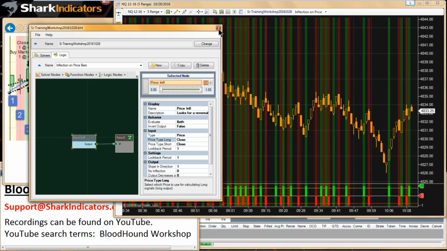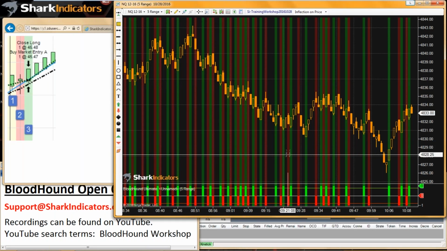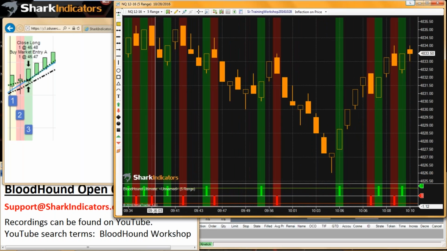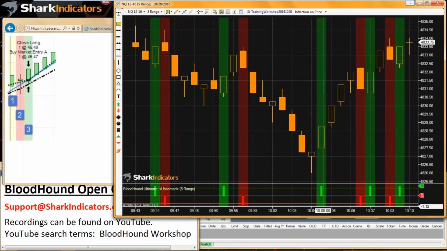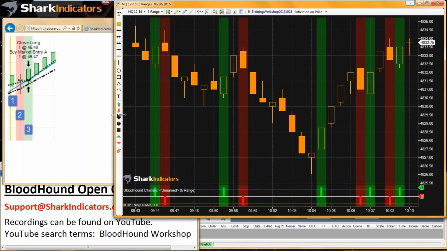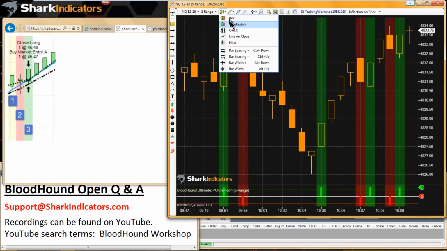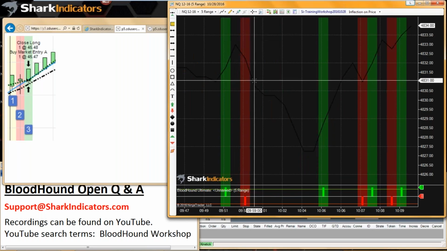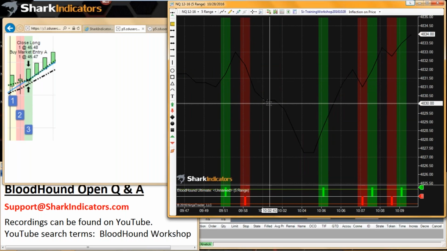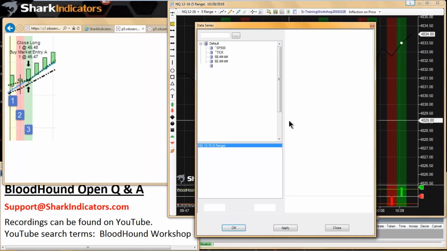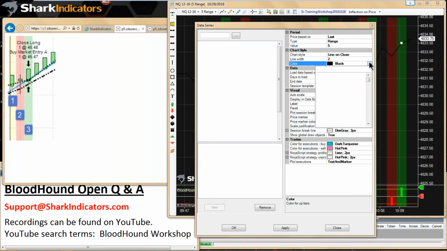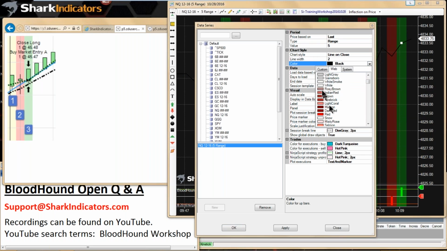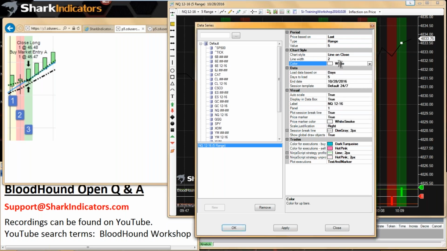All right, so to see what the inflection solver is looking at clearly, to put this really in perspective, don't use candlesticks. What you want to use is line. So you want to take the closing price of your bars and convert it to a line so it looks like an indicator. Let me take my line and make it white here.